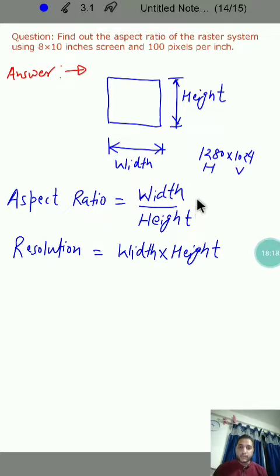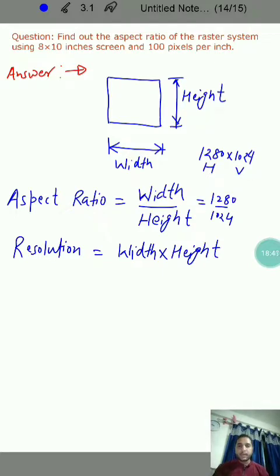So when you divide the width, 1280, by 1024, it gives us the aspect ratio. And in order to find the resolution, that is the total number of pixels, you will have to multiply 1280 into 1024. That gives the total number of pixels on that computer screen.